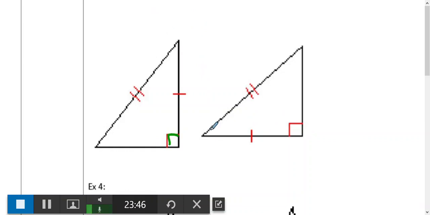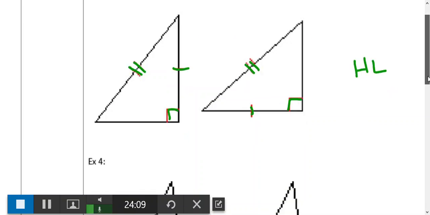We are dealing with right triangles here, so let's see if we have a hypotenuse. Those match up to hypotenuses, and a leg. We do. Our triangles would have to rotate and flip in order for you to have them right on top of each other, but they are congruent based on hypotenuse, leg.